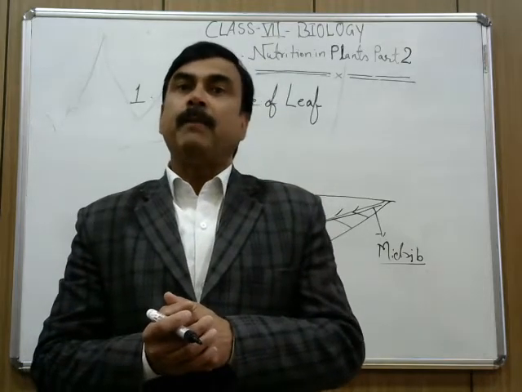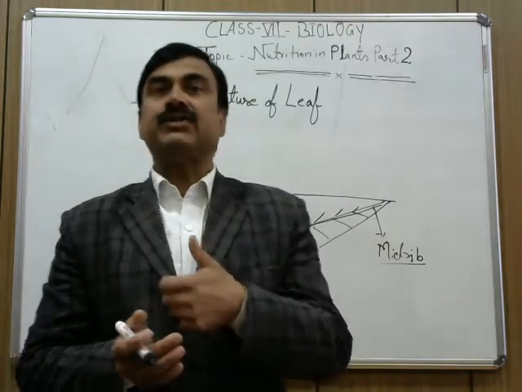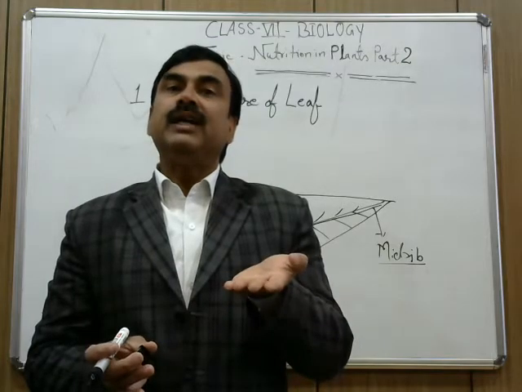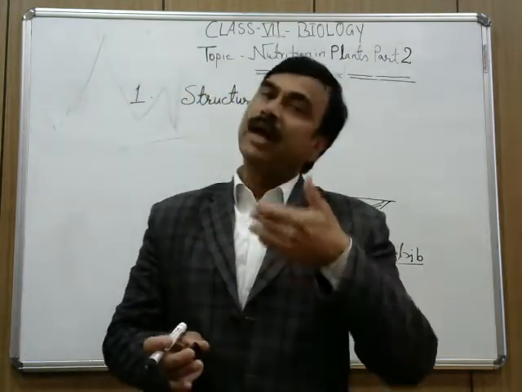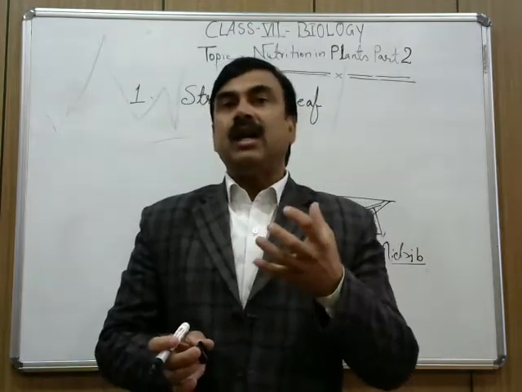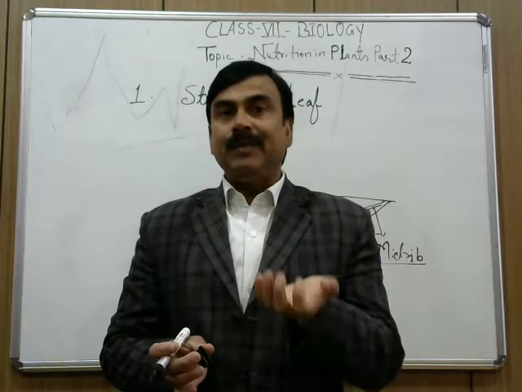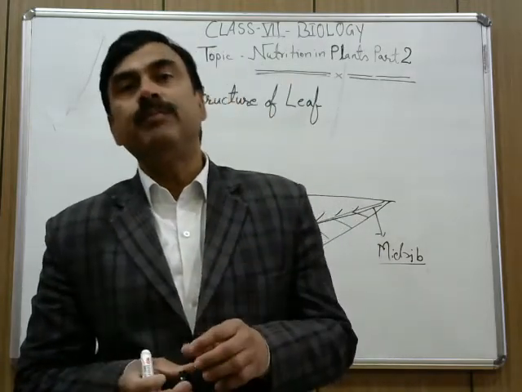Before beginning, I would like to tell you that the leaf has two surfaces, upper and lower, and a stoma is made up of two guard cells. The stomata help in the exchange of O2 and CO2.